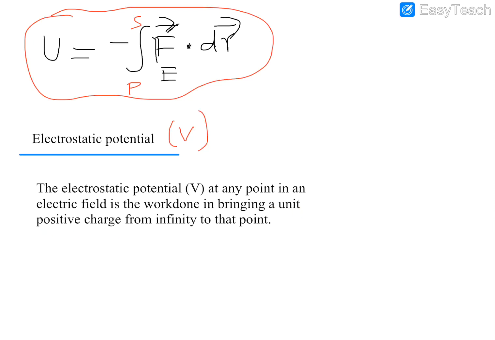Then the amount of work done is said to be electrostatic potential instead of electrostatic potential energy. In another way, you can define electrostatic potential as the electrostatic potential energy associated with a unit positive charge. If you bring a unit positive charge, that electrostatic potential energy is called electrostatic potential.